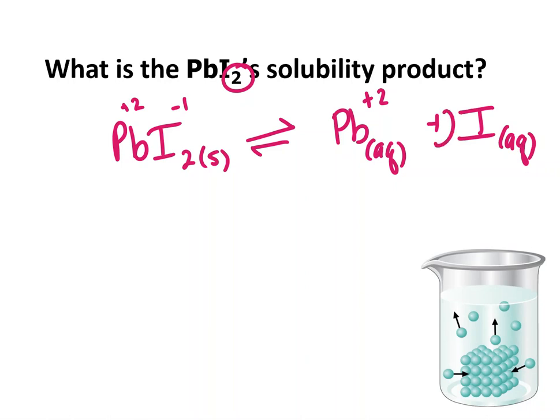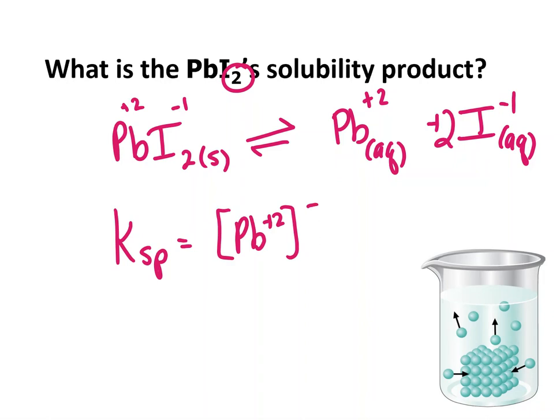That means I'll have 2 of these iodides. Okay, so there's my equation, my solubility equation. And then to get my KSP, I'm going to take my products, and then remember I use this 2 to give me a 2 here.